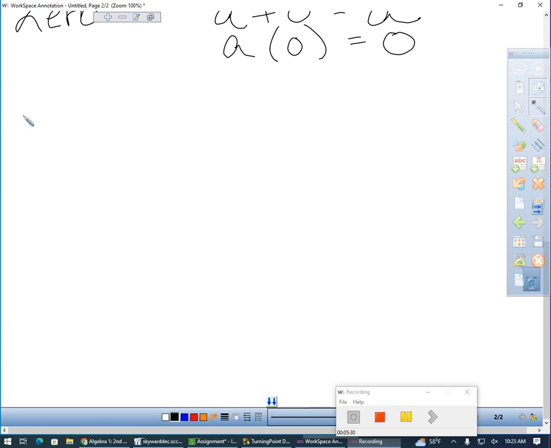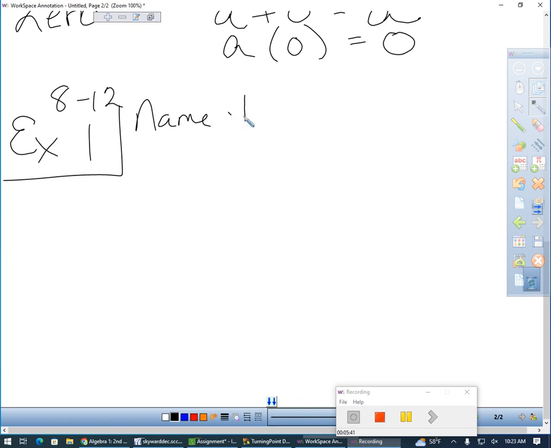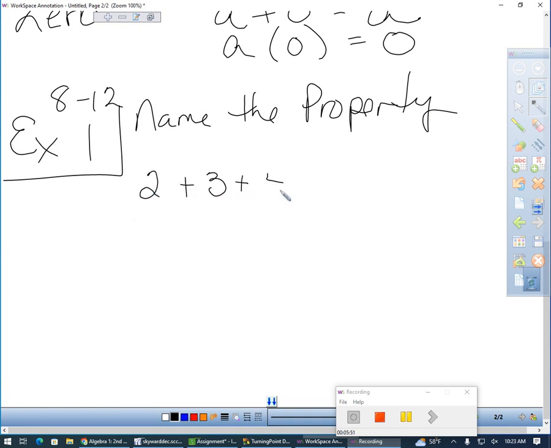All right. Here we go with example number 1. So on the first problems in your homework, 8 through 12, I'm going to ask you to name the property. All right. So maybe it has 2 plus 3 plus 4 equals 2 plus 4 plus 3. It is commutative.